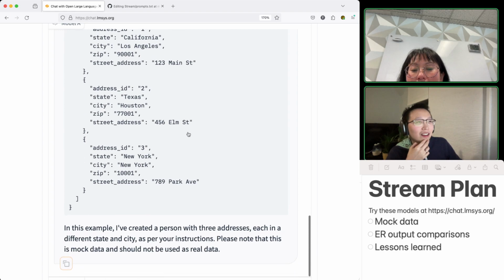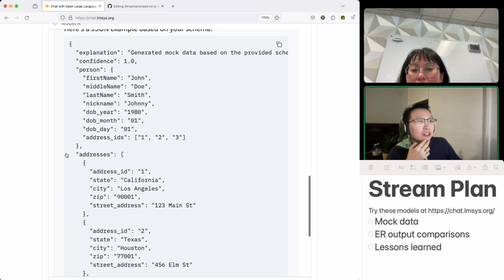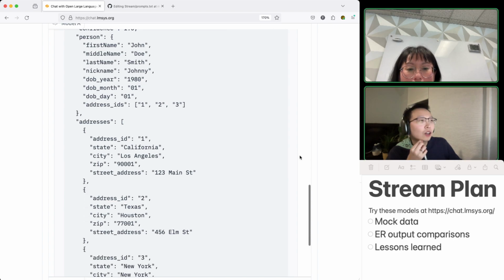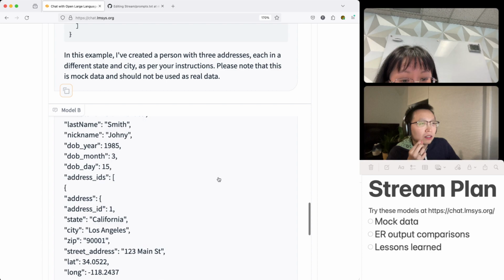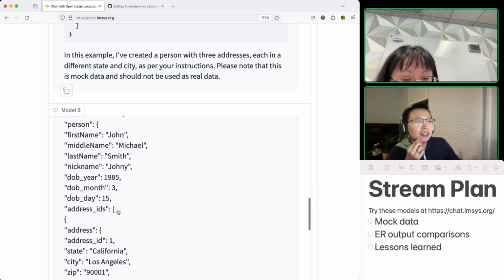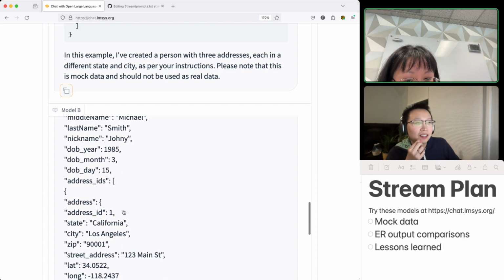But it did create the correct schema. This one has the address. It did respect the address IDs and then addresses. Did the other one respect the address IDs? No, it didn't generate the IDs. It just kind of shoved it in there.